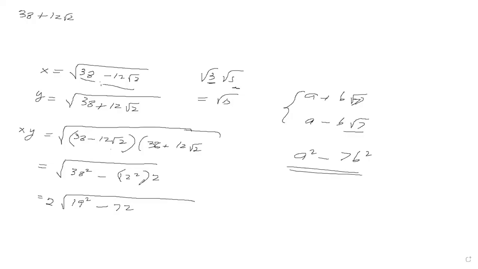You're taking out 4, dividing by 4 throughout. 19 squared is 361. 361 minus 72 is 289. And the square root of 289, hopefully you know that is 17. I know Saurav knows it. It's 17, and 17 times 2 is 34. So the product of x and y is 34.